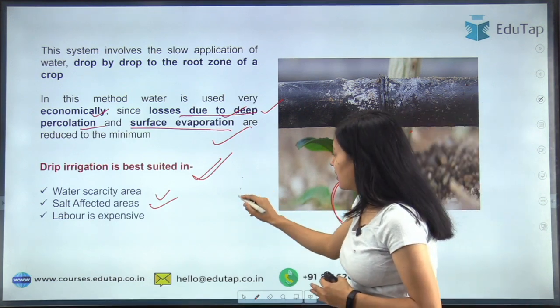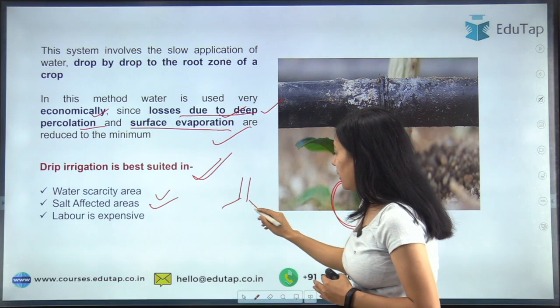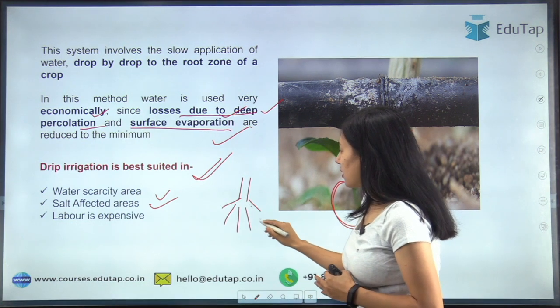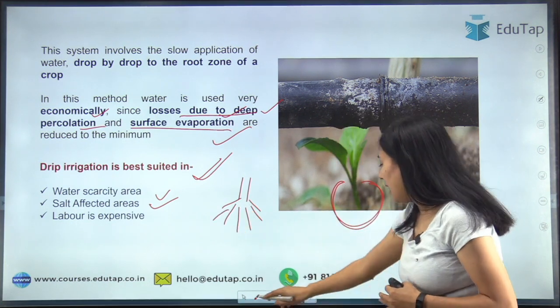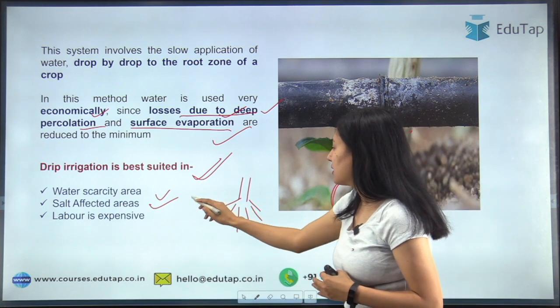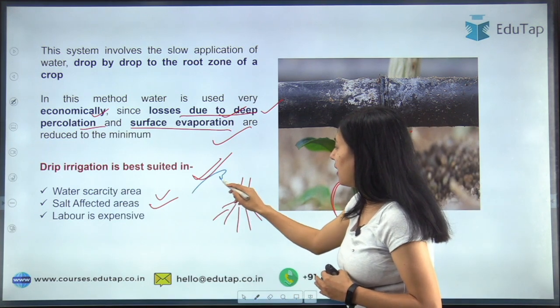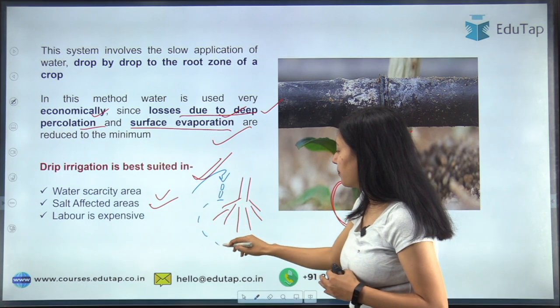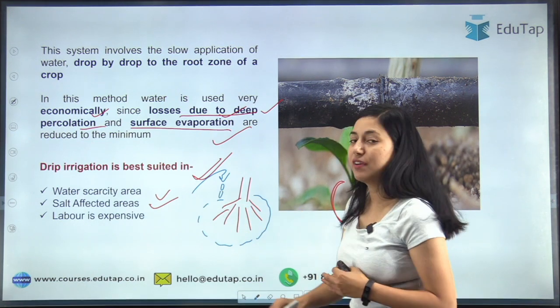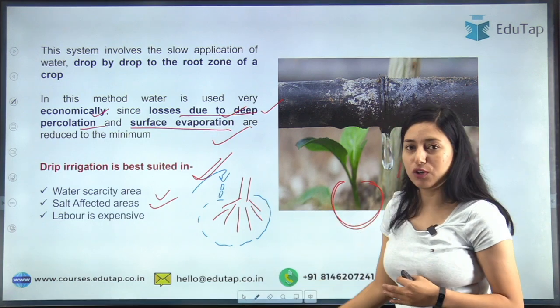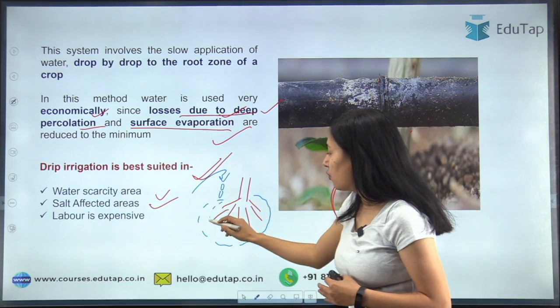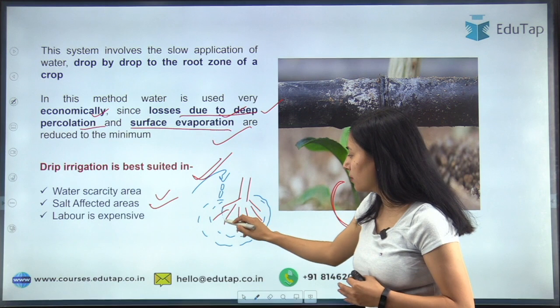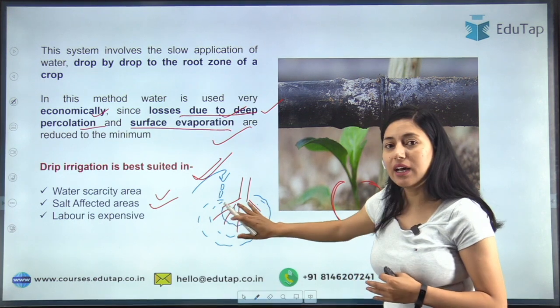See, if this is your root zone, and you are applying water, this is your dripper, and you are applying water to the root zone. This is the area which is being wetted due to this application of water. Now the concentration of water will be high around the root zone because you are just applying water around the root zone.